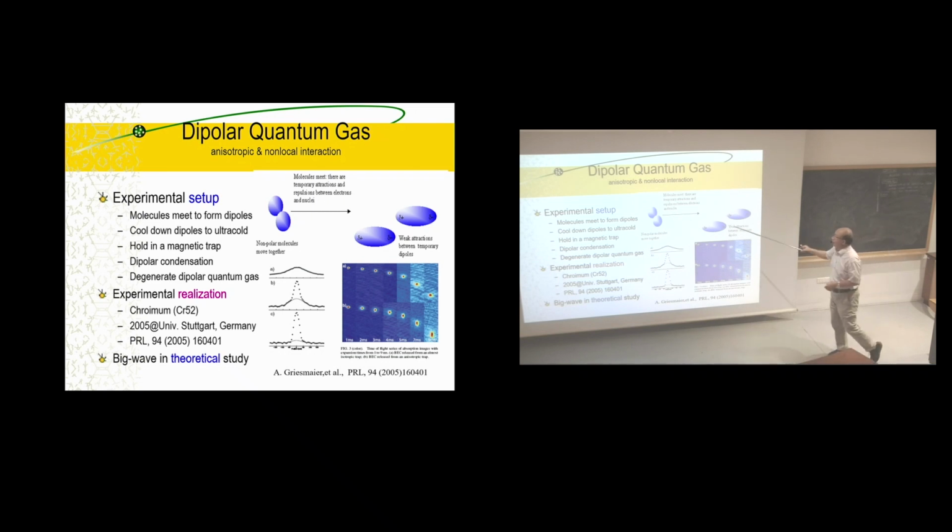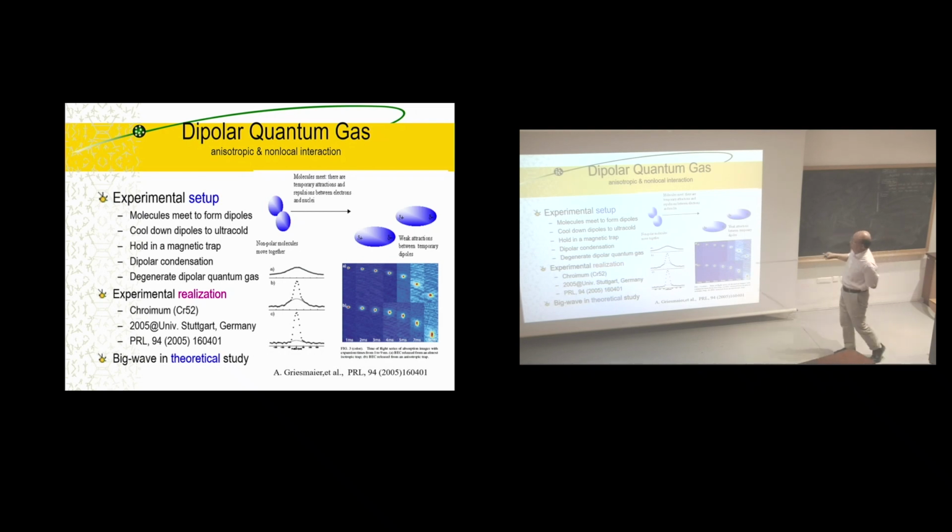Two molecules form a dipole, which has a direction. You cool the dipoles down to ultra-cold and hold them in a magnetic or confinement trap, and you get a dipolar condensate, or degenerate condensate.